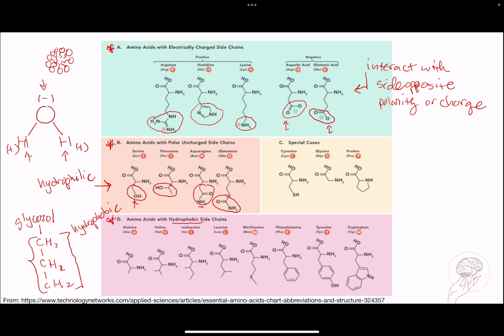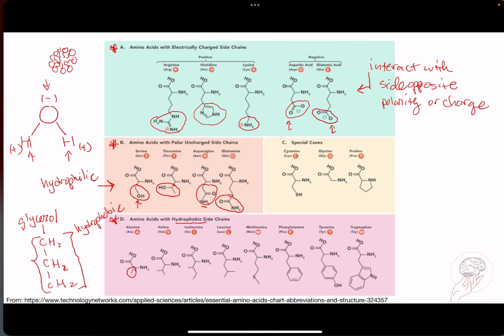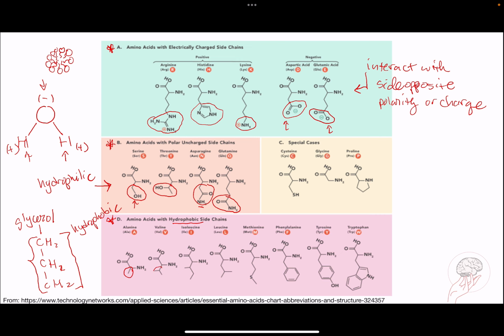These amino acids are very similar. You'll see here, this is just a methyl group on alanine. Very simple. On valine, we have two methyl groups. Isoleucine, again, just carbons and hydrogens. Leucine, just carbons and hydrogens.